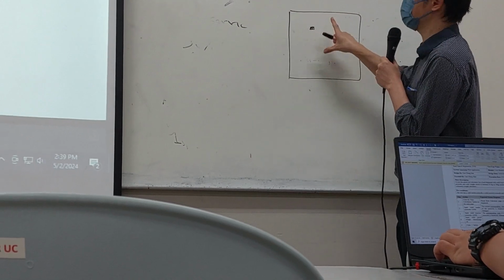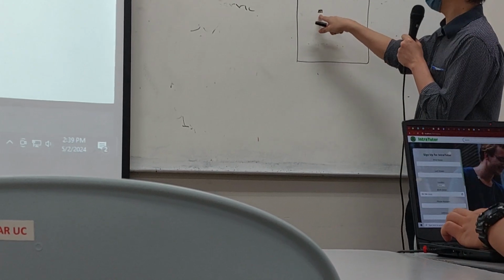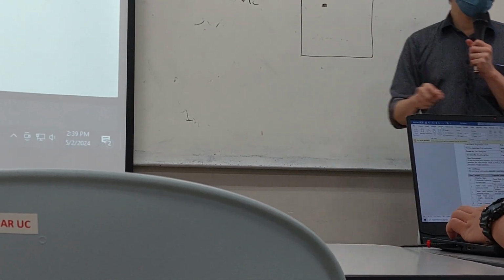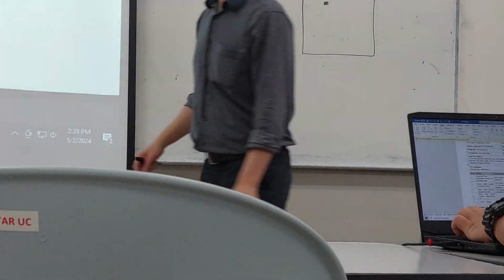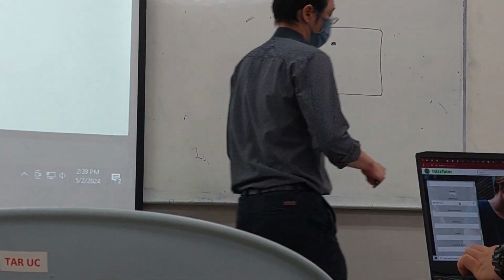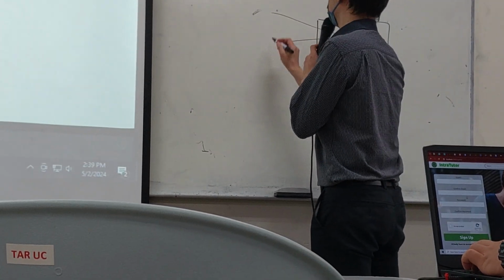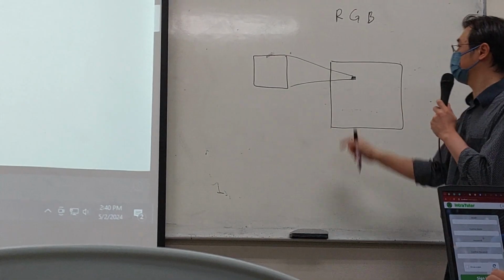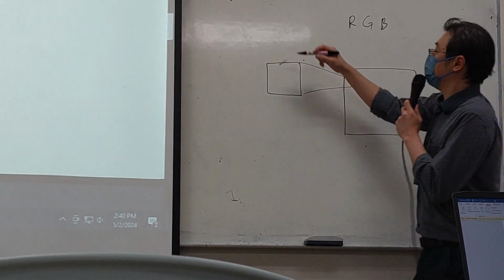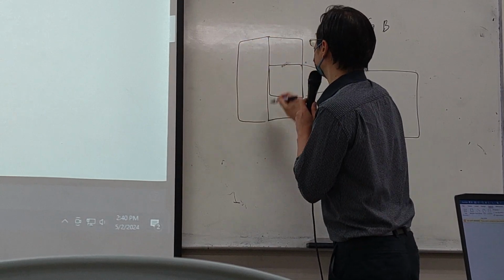Let's suppose this is the red color, and the green and the blue are the same. Maybe I make this node bigger because maybe I'm not able to see it. If I expand this out like this, suppose this is the pixel. This small pixel here, I expand it. And you know that it has neighbors. It has its own neighbors.